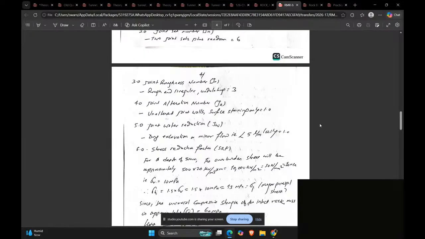Joint reduction factor and joint water reduction: minor flow, that is only less than 5 liters per minute, and no evidence of any.